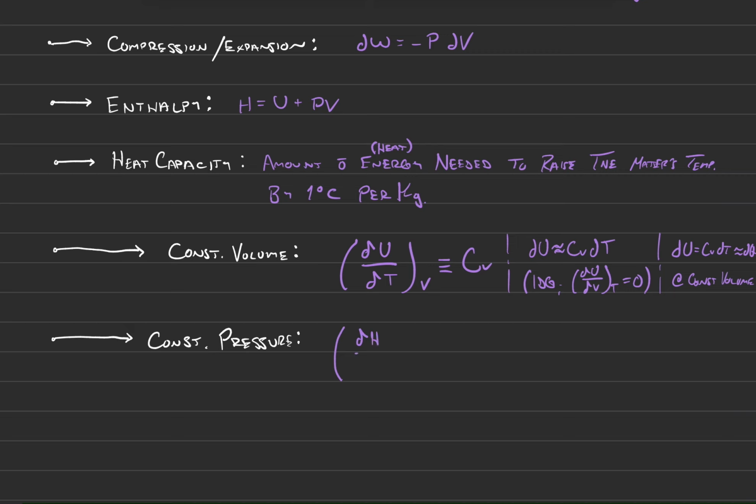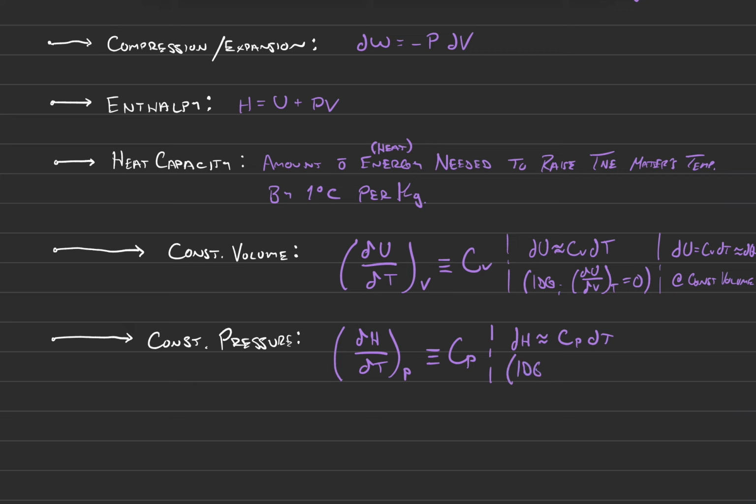But for the constant pressure heat capacity, similarly, we have the change in enthalpy with respect to temperature at a constant pressure is always going to be equal to the constant pressure heat capacity. Similarly, the differential change in enthalpy is approximately equal to the constant pressure heat capacity times the differential temperature.